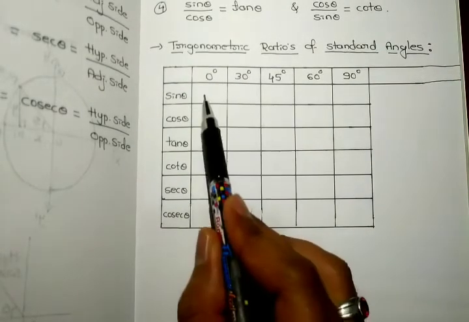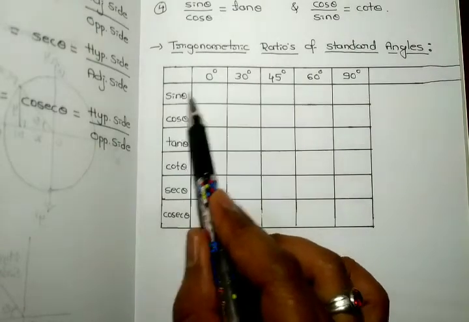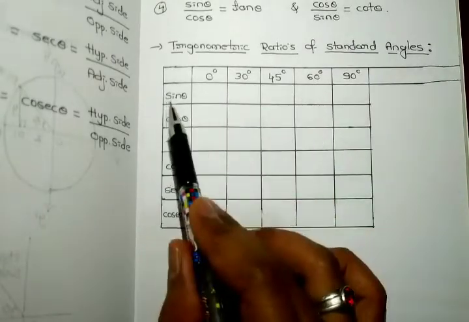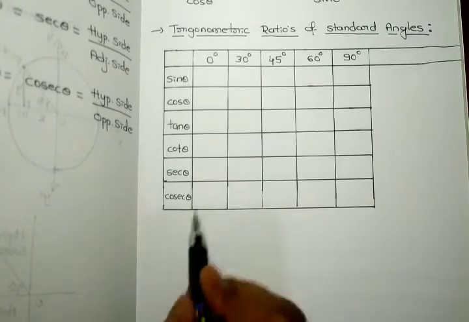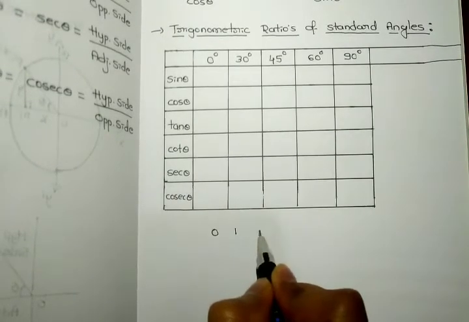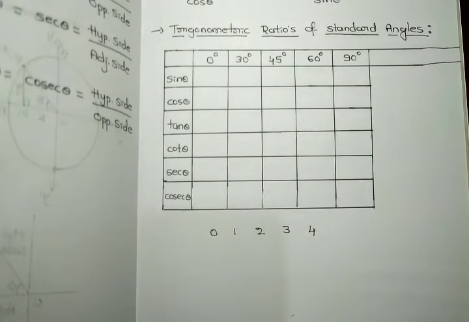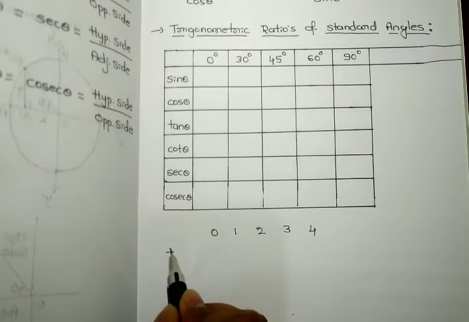So if you want to find sine 0 degree value, sine 30 degree value, sine 45, sine 60 and sine 90, for that, first write here 0, 1, 2, 3, 4. Next, divide all these numbers by 4.